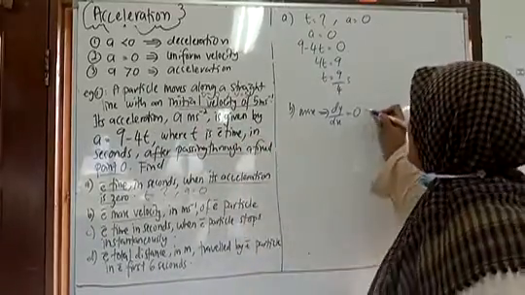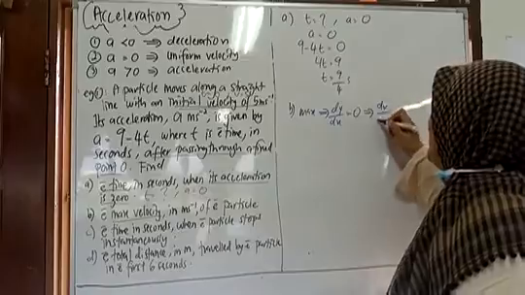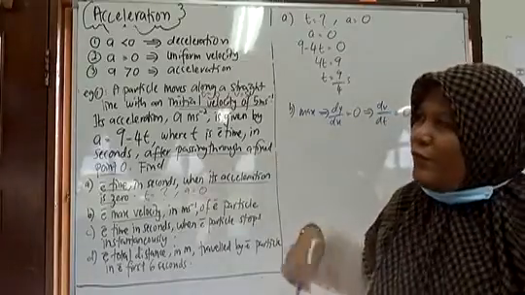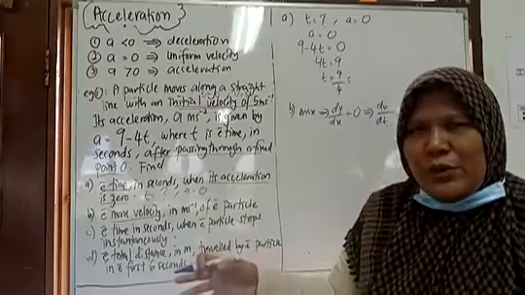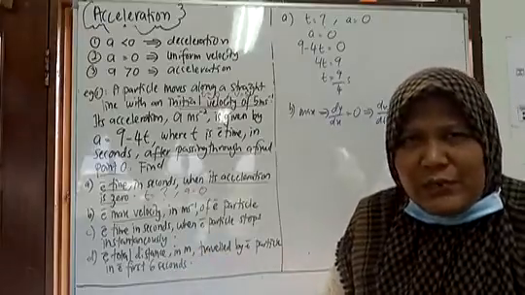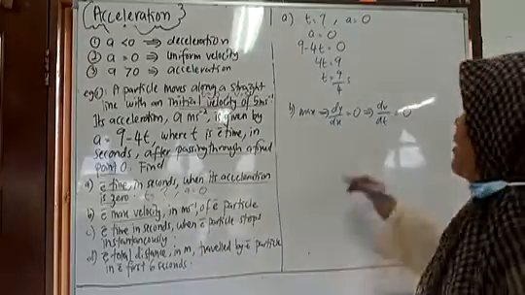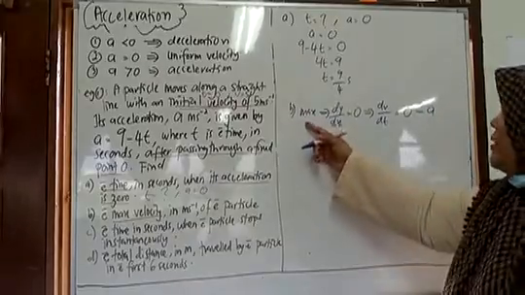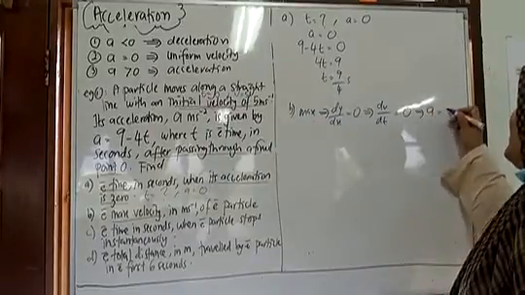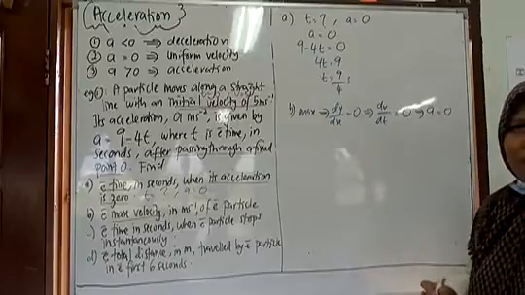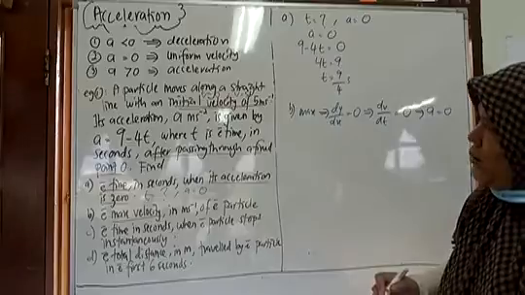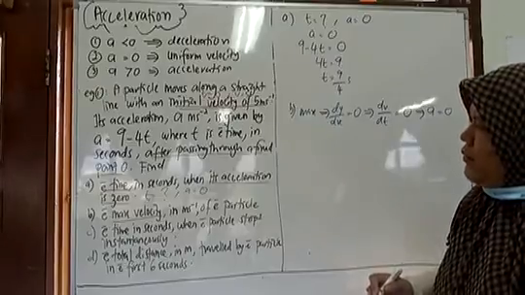So we are talking about dv/dt equals 0. In the previous video, when we talked about dv/dt, what does it mean? We are talking about acceleration. So maximum is when acceleration equals 0. Maximum velocity of the particle.